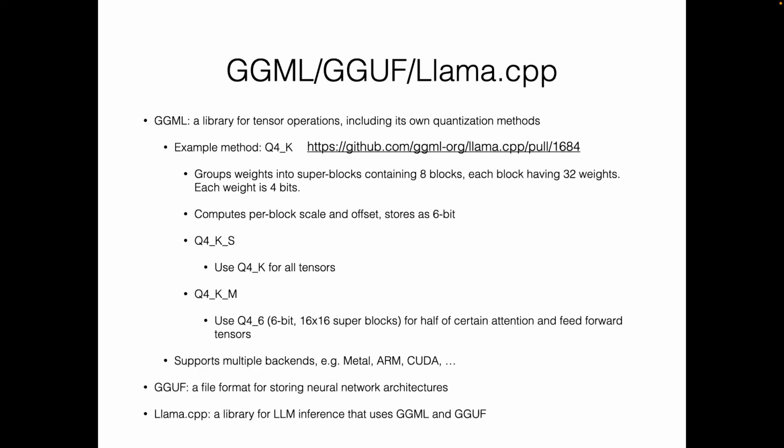And then finally, there's this really popular library called llama.cpp, again by the same group. It's a library for language model inference that uses models stored in this format, and it'll use these quantization techniques.